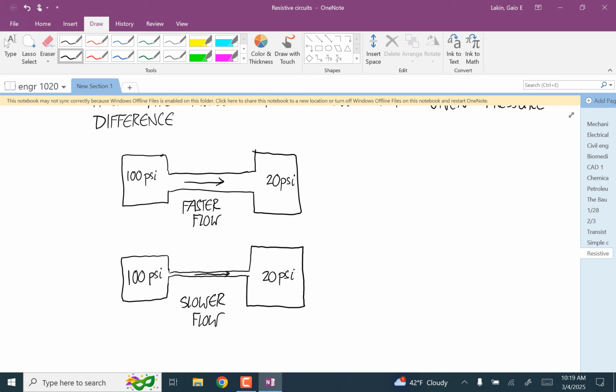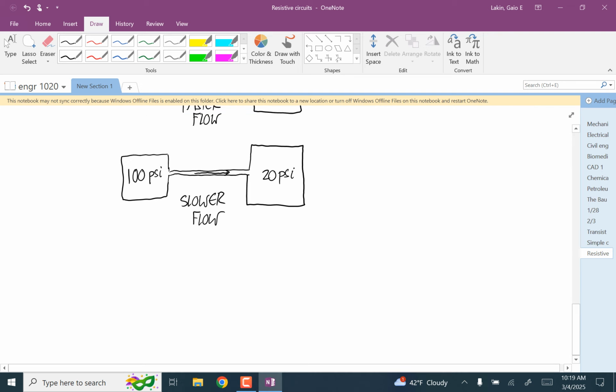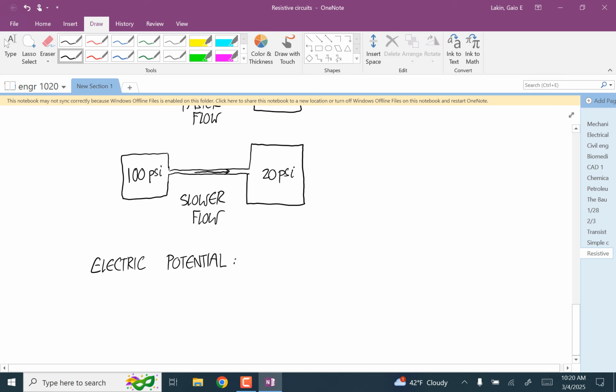Okay, so now we're going to think about this stuff as analogies to these electrical things. Electric potential is like the pressure.